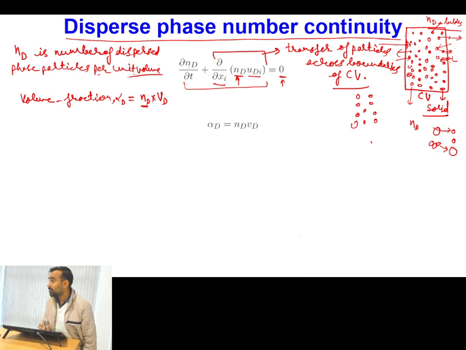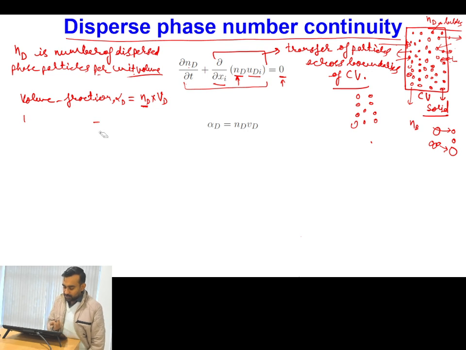This number is the number of particles per unit volume. So if I have 100 particles, and the volume of each particle is 1 mm cube, then it will be 100 mm cube. But if the unit volume I am considering is also 1 mm cube only, then this will be divided by 1, and ultimately it becomes the fraction of dispersed particles.